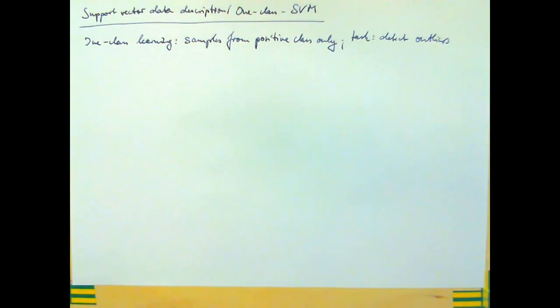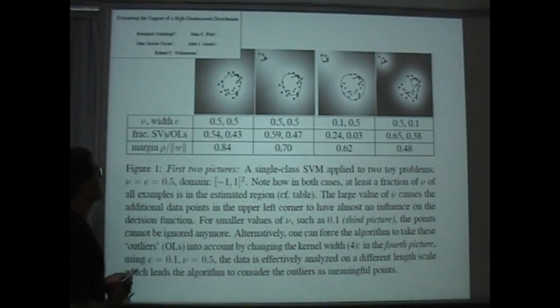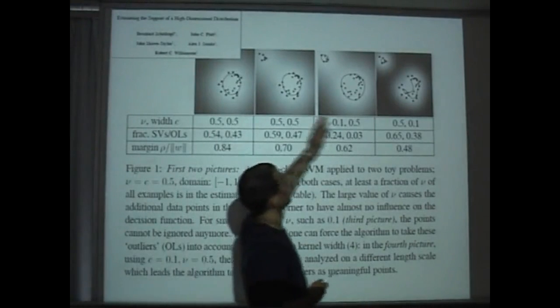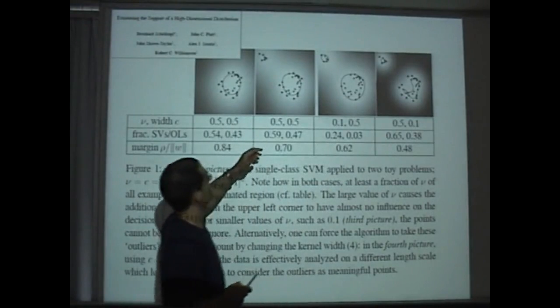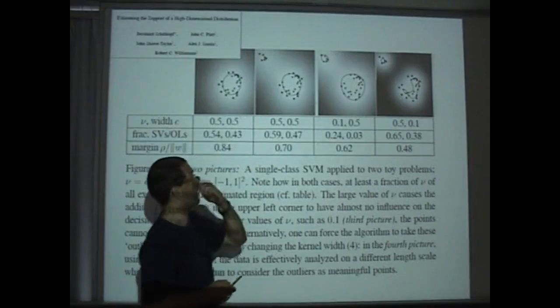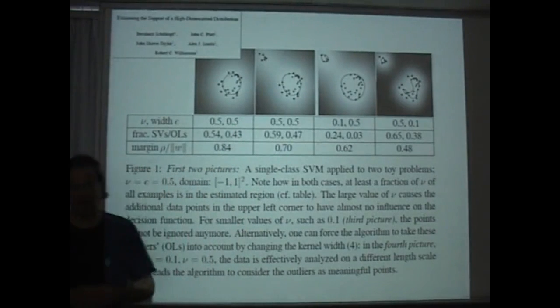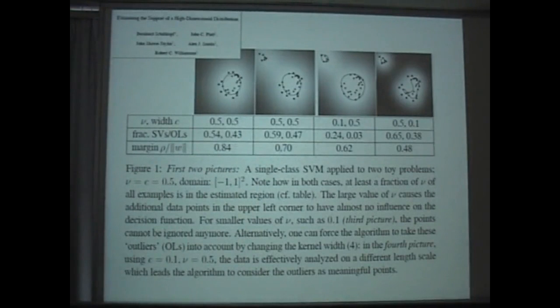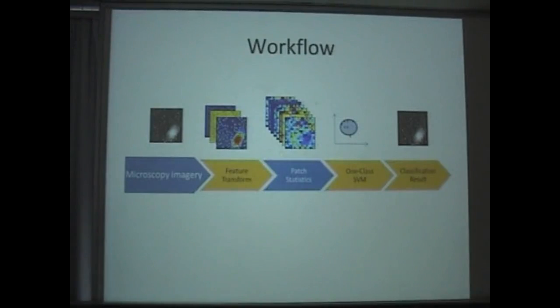So here's a small 2D example of the methods that we will look at. For different parameter settings, they will or will not identify these points up in the corner as outliers. And that is useful in applications like the following.